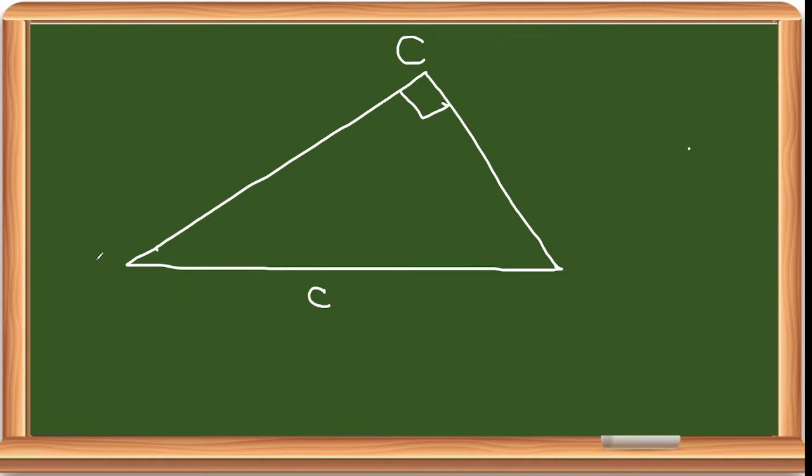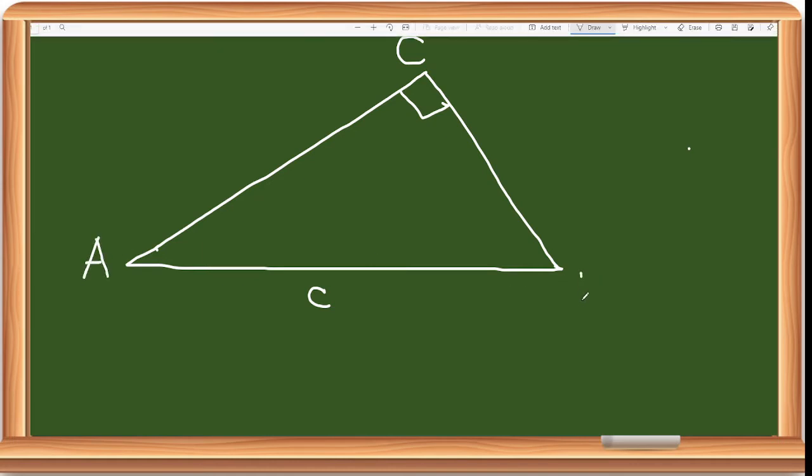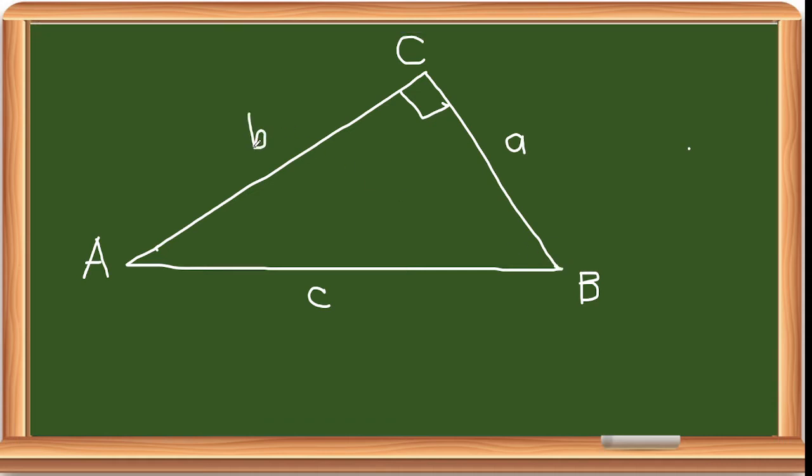And then we have here A, B, okay, so opposite ng angle A is side A, and opposite ng angle B is side B. Now, if we're going to draw a perpendicular segment from vertex C, syempre yung opposite side niya is the hypotenuse.